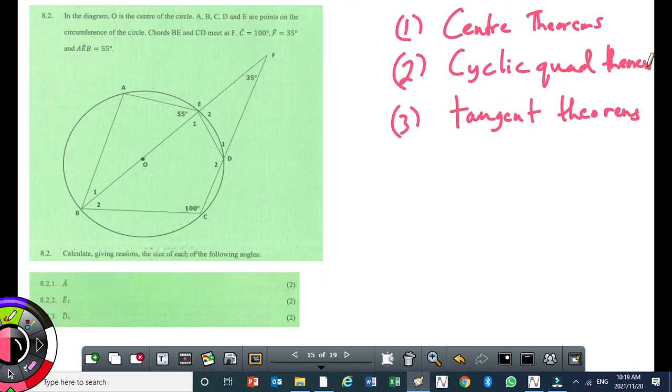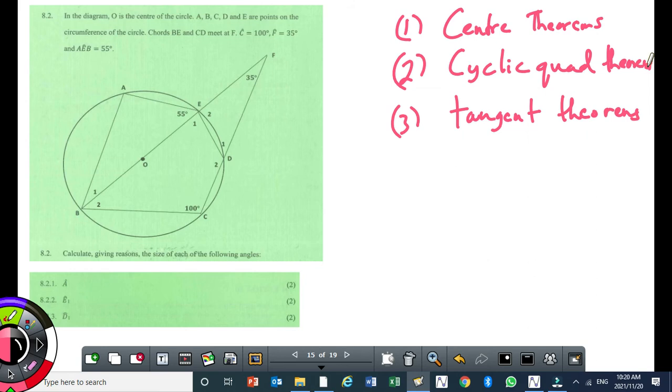The tan chord theorem, that's the most important, you have to know it. You also need to know that a tangent and a radius at the point of contact are perpendicular to each other. Sometimes, but it's not important for your paper, equal chords subtend equal angles at the center and at the circumference.